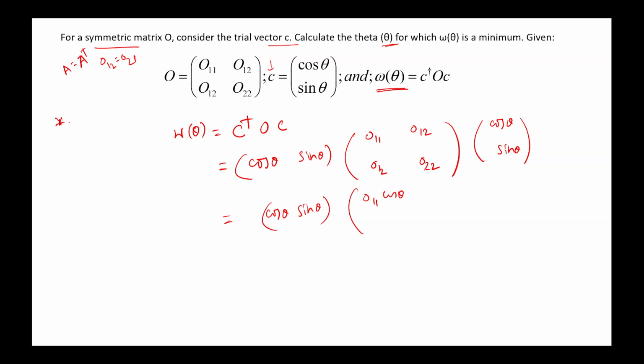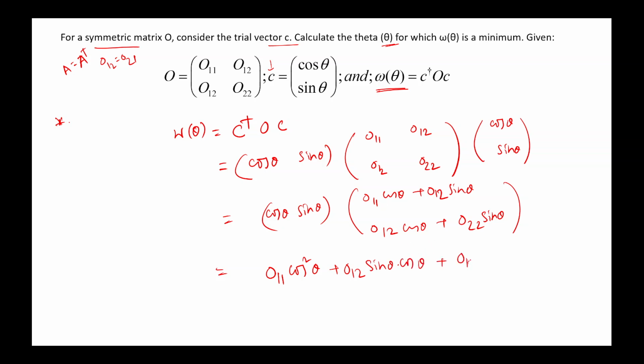If you do this matrix multiplication, you have O11 cos square theta plus O12 sin theta cos theta, and here O12 sin theta cos theta plus O22 sin square theta. So this is your omega theta.